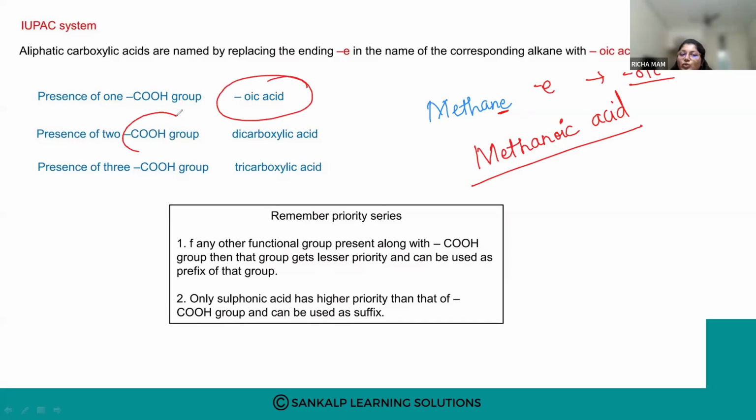If you have two carboxylic groups, you say dicarboxylic acid. If there are three, I say tricarboxylic acid. Now, how do you have to give the priority?